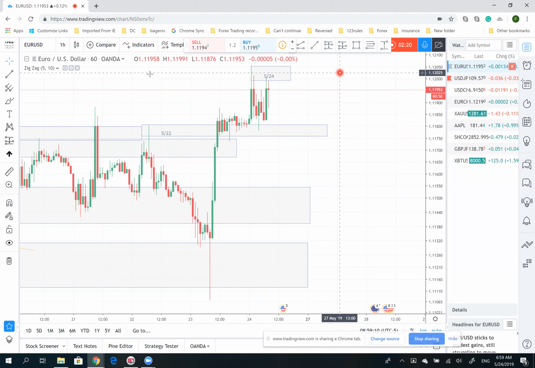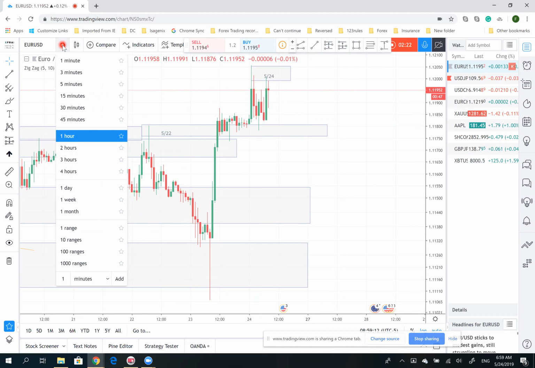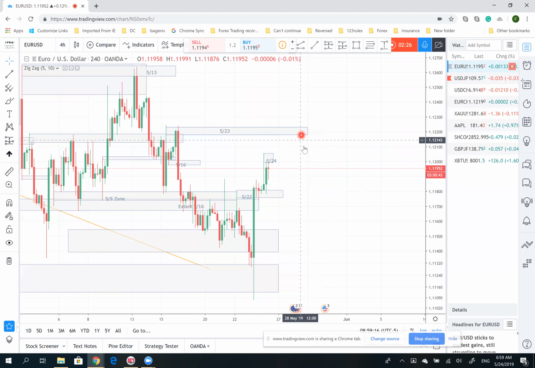The reason I place this sell limit at this point is because I have another zone right here. Then a 20 pip stop, a little bit above the top of this zone. I want to make sure it's a little bit safe for my stop. So that's a 20 pip stop.